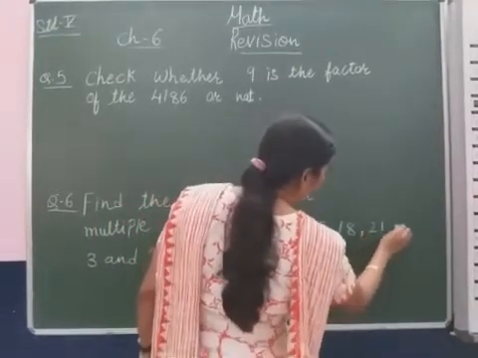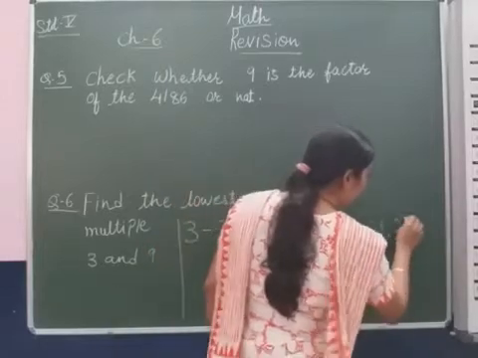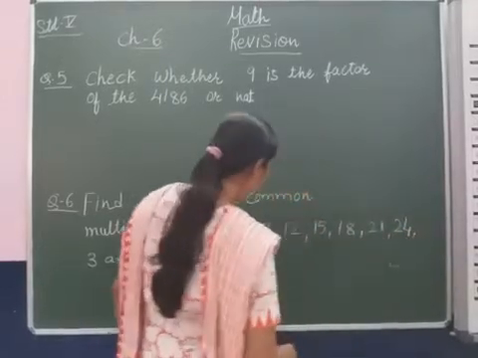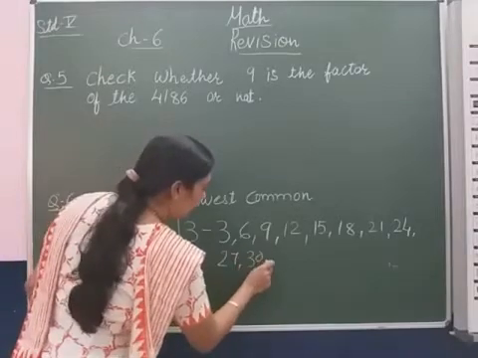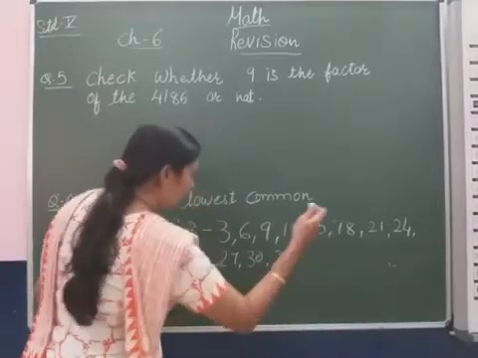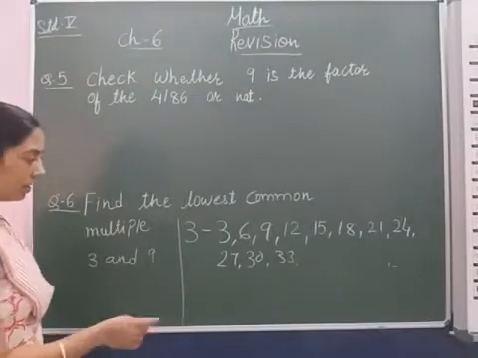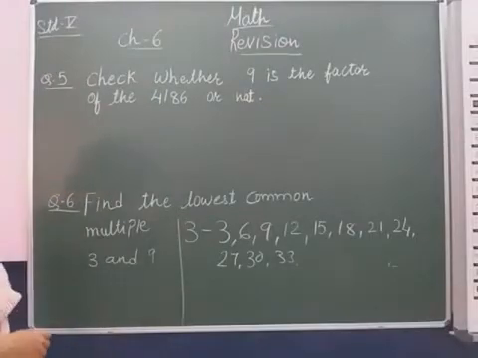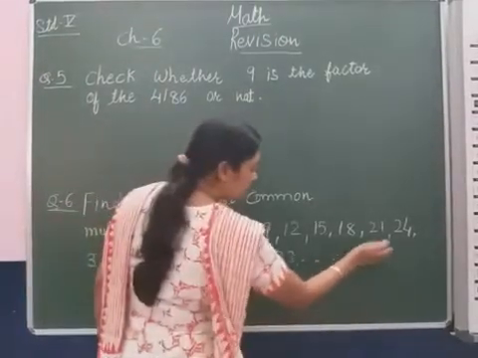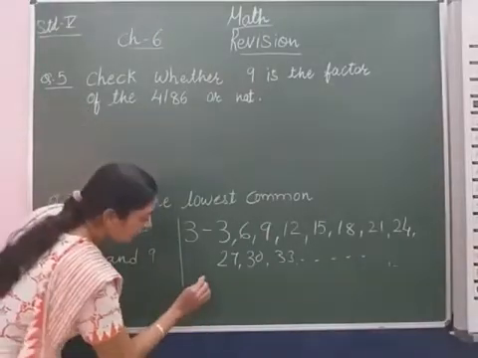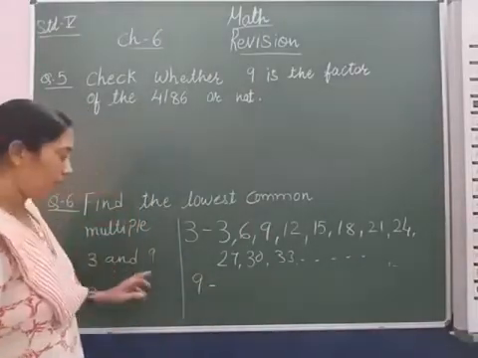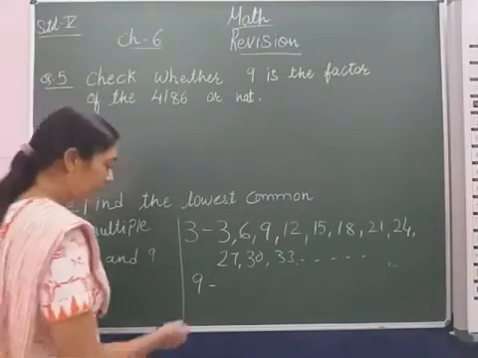18, 21, 24, 27 and 30, 33 and go on. It is endless, so we are not putting a full stop here. Now the multiples of 9, the table of 9.